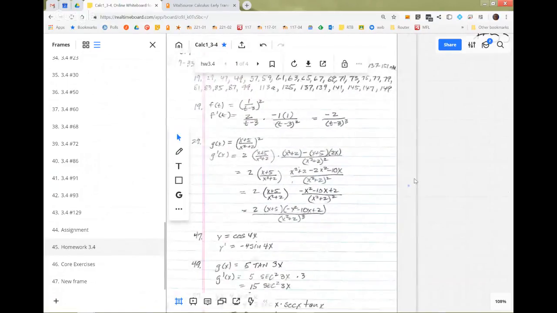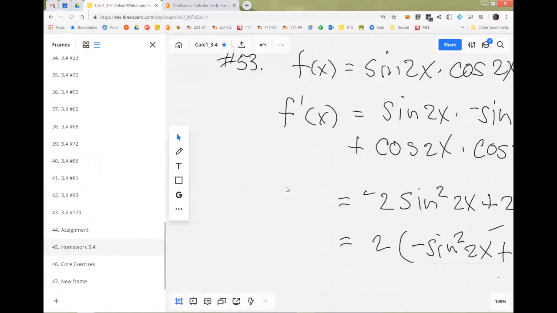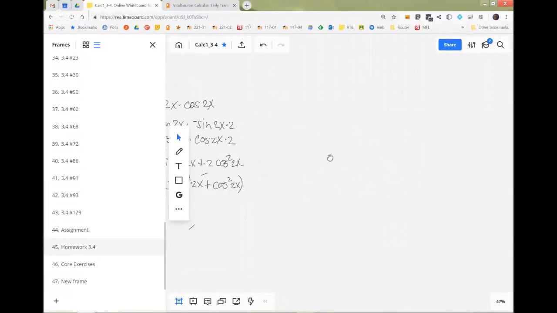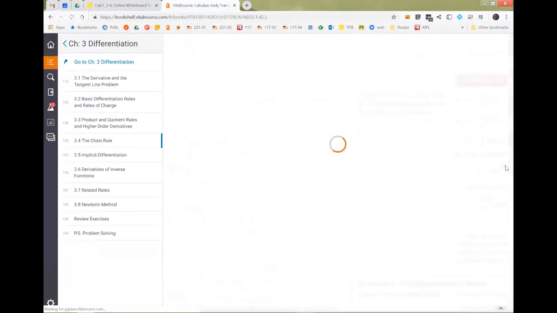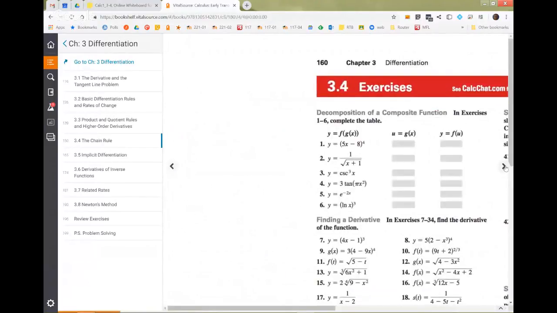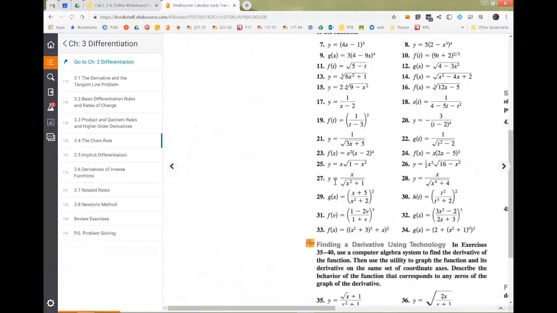Okay, let's take a look at 25. First I've got to find it. So it's x times the square root of 1 minus x squared.